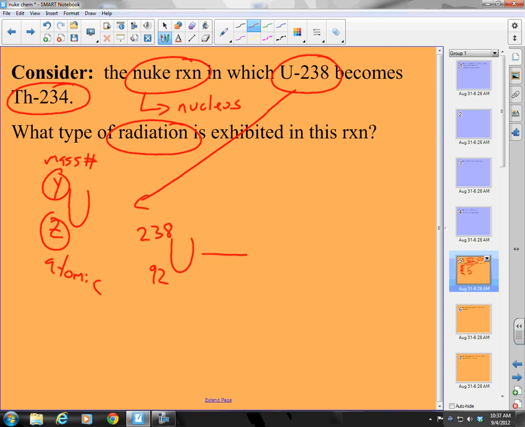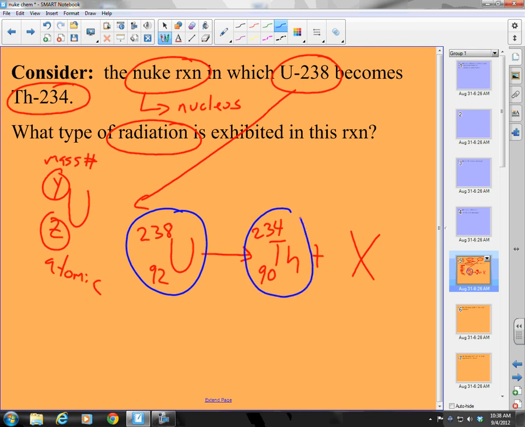And it is somehow going to end up being thorium-234. My 234 goes here. For thorium, I look at the periodic table and I get a 90. Now, what's missing? I'm missing something here, right? Something has been spit out from my uranium-238 to leave me with thorium-234.